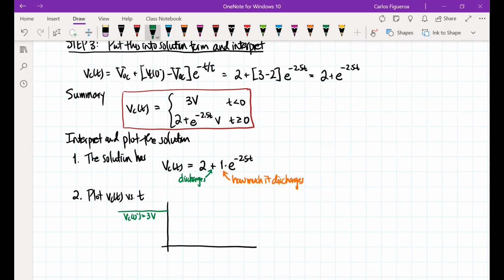And then I can see right here that this is going to discharge to VOC, which is equal to 2 volts. So I'm going to see a curve that goes down like this, and this curve is described by 2 plus e to the minus 2.5t.